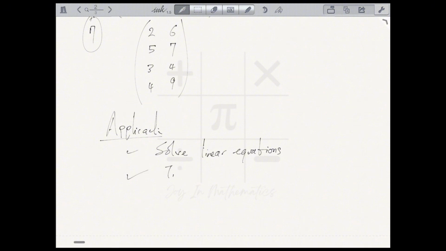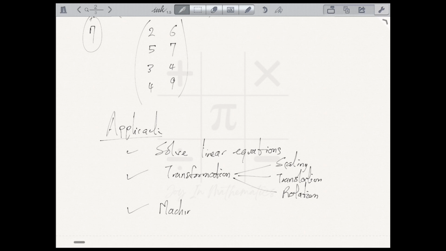We can also apply them for transformations, and in these forms of transformations we have scaling, translation, and rotation. And the last is machine learning calculations.